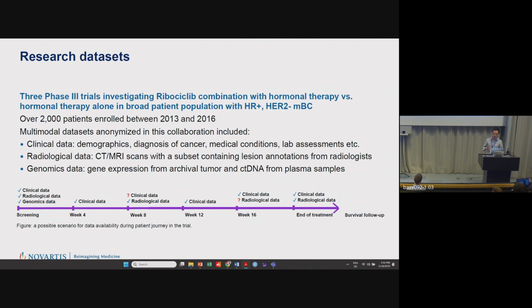And here it's already a challenge to analyze all three data modalities together because those data are collected at different frequencies, as well as there are missing data problems at different time intervals.